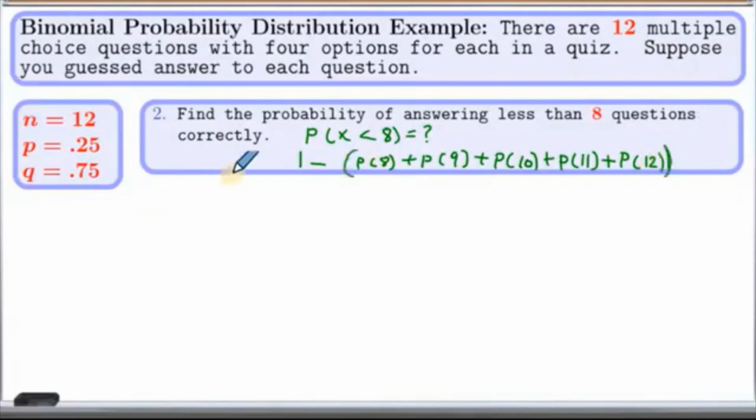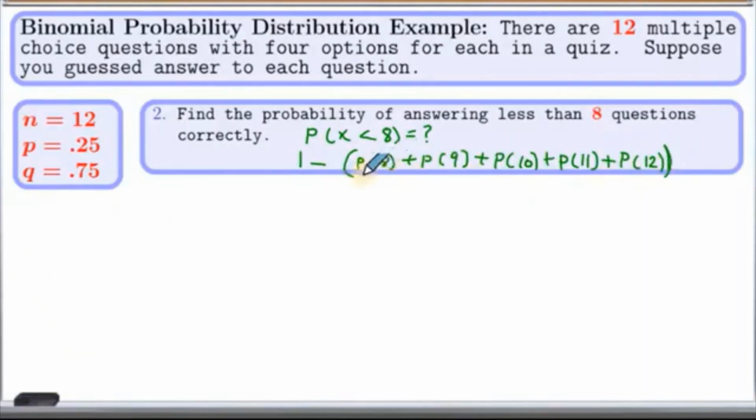Instead of finding probabilities of 0 to 7, we can just find the probabilities of 8, 9, 10, 11, 12 and subtract that from 1. So this will have fewer calculations to do, so we will just do that.